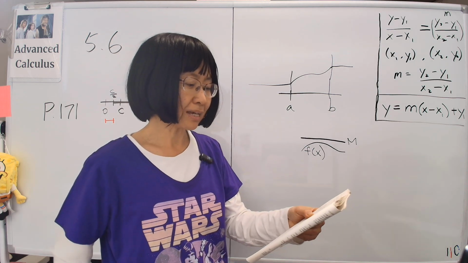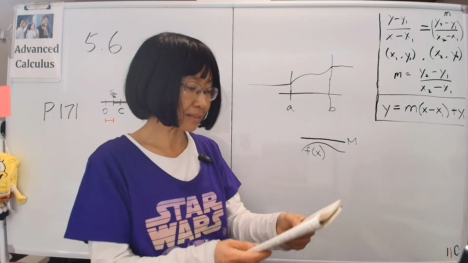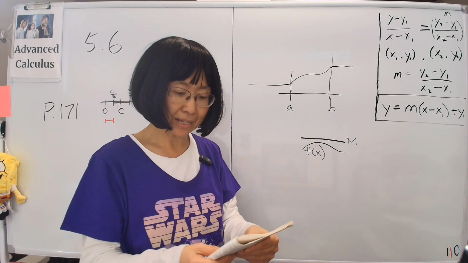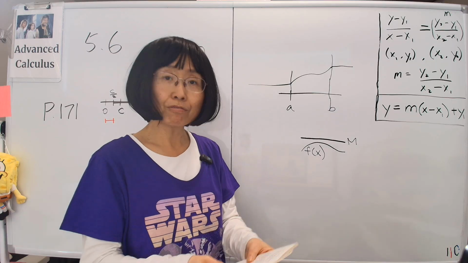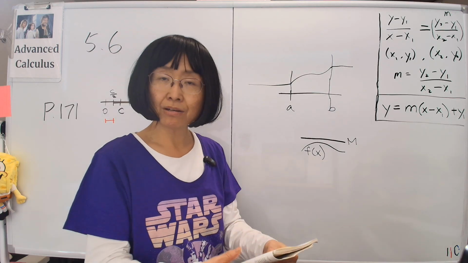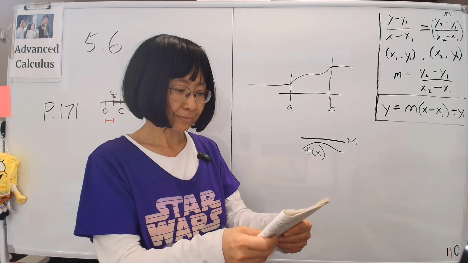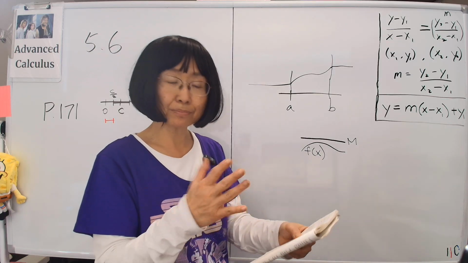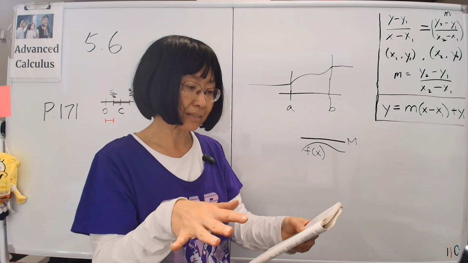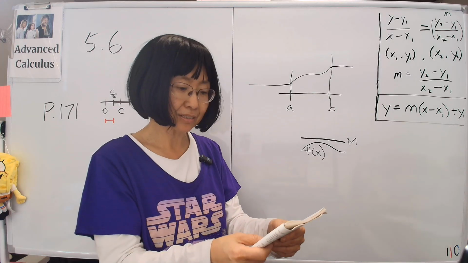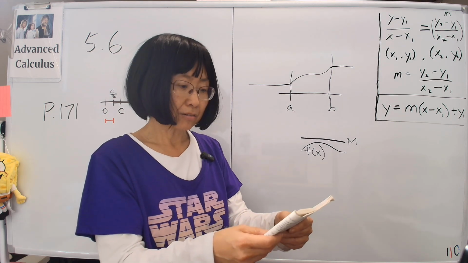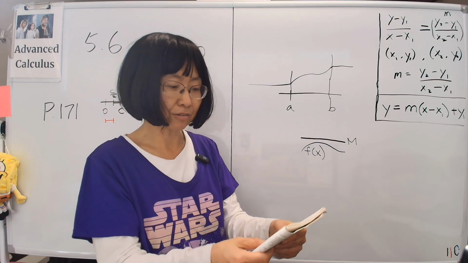That is, assume that M minus f of x is bigger than 0 for the entire interval. If that is the case, then we can define the function 1 over M minus f of x on the whole interval, and that function will be continuous, because M minus f of x is bigger than 0 the whole time. 1 over the function is still continuous, and it's positive.